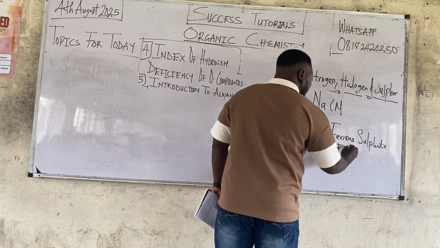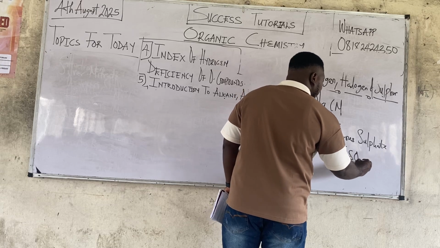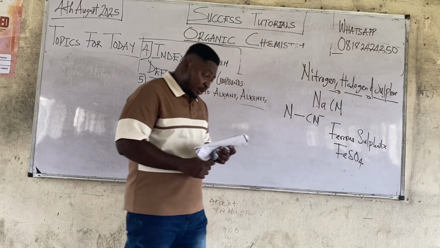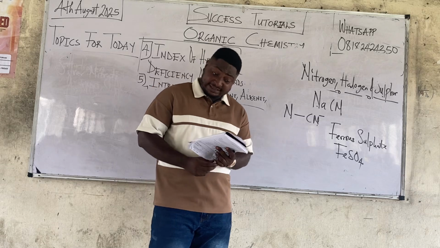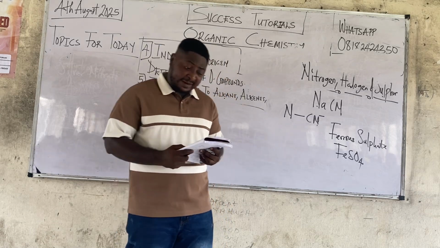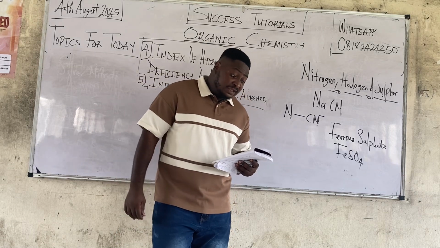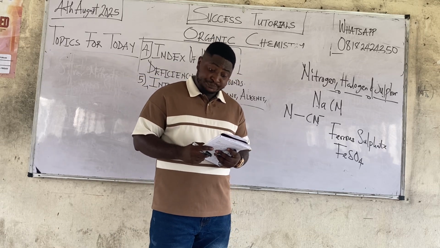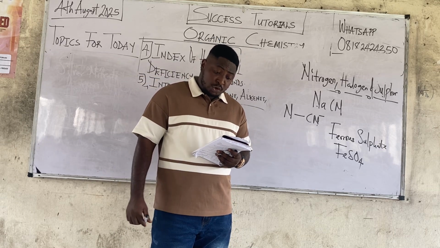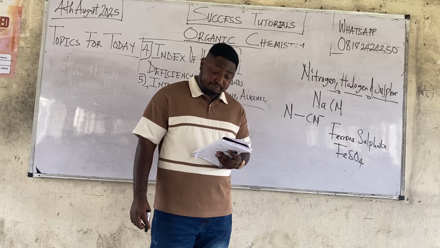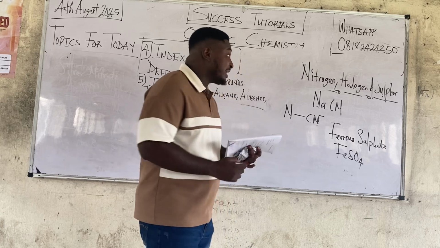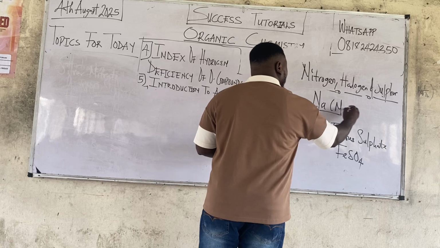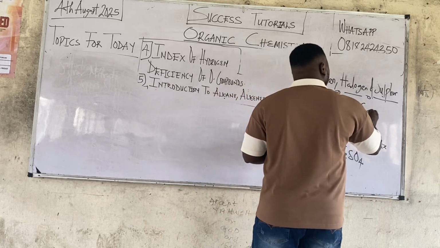Ferrous sulfate, of course, the chemical formula is FeSO4. So what happens? Follow me now, let's go. Write down, please, for those that are writing, those that have not been in the class since the beginning of the semester. Ferrous sulfate is introduced, which converts the sodium cyanide to sodium ferrocyanide.